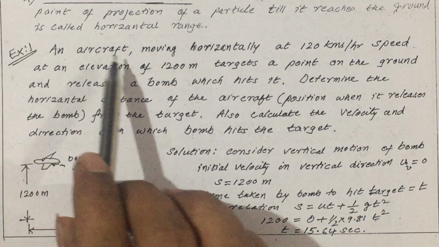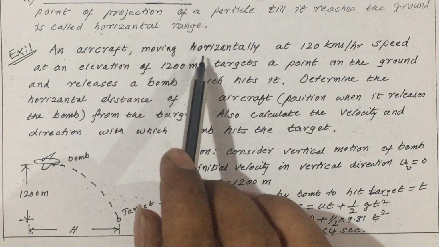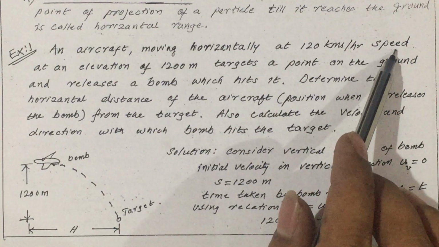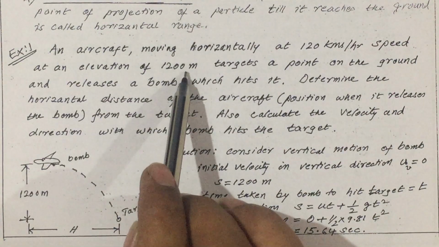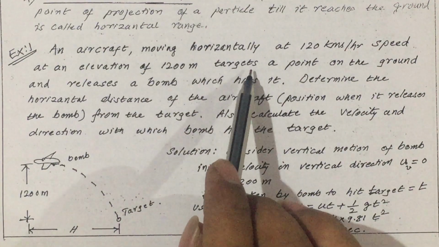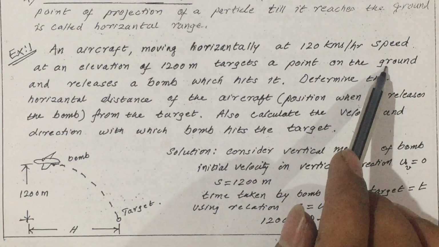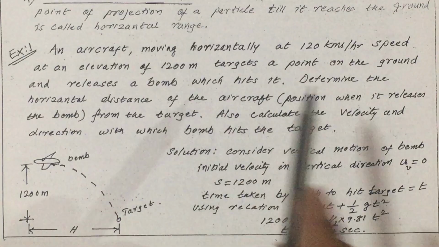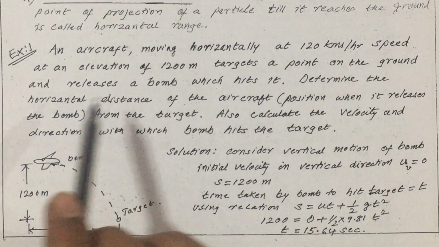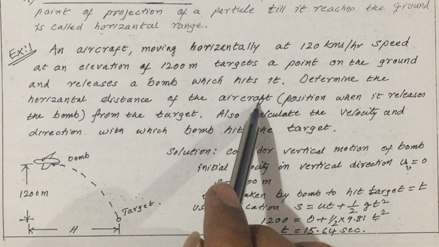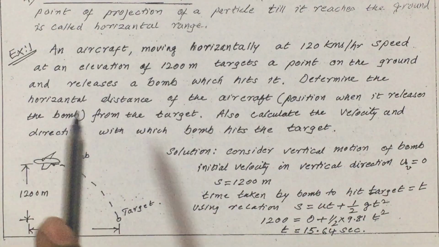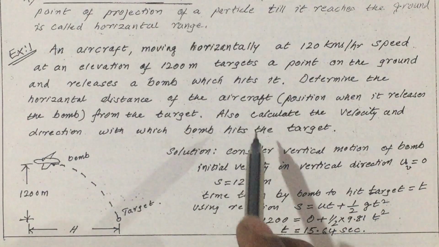Example 1. An aircraft moving horizontally at 120 kilometers per hour speed at an elevation of 1200 meter targets a point on the ground and releases a bomb which hits it. Determine the horizontal distance of the aircraft, that is its position when it releases the bomb, from the target.